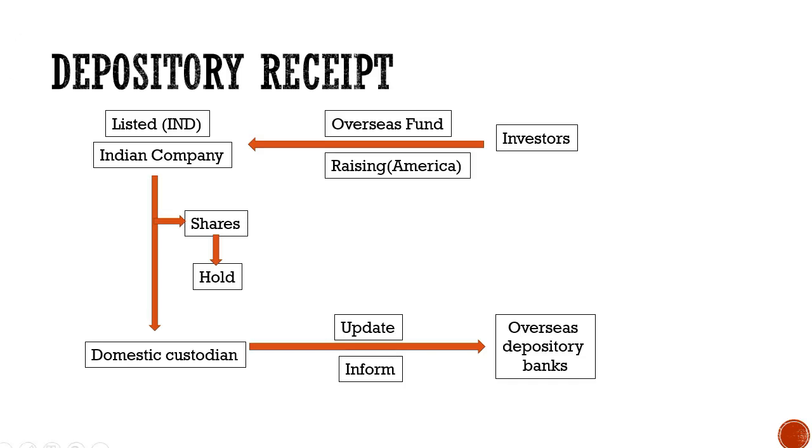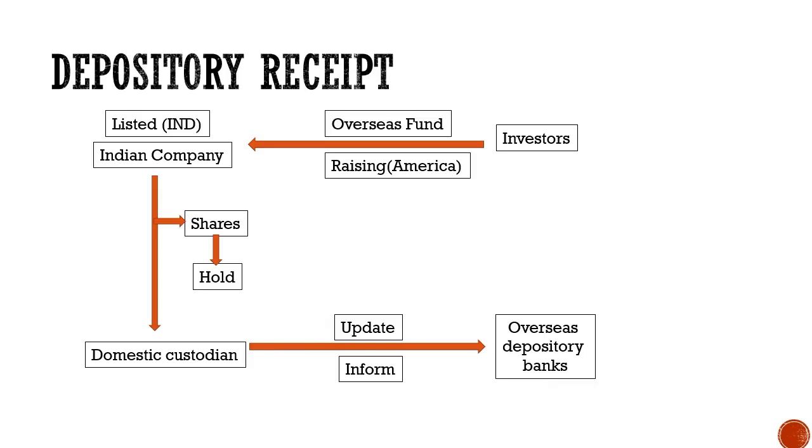So the Indian company, wanting to sell its shares to an overseas person, will give all its shares to the domestic custodian. The domestic custodian will hold all those shares and will update and inform the Overseas Depository Bank about those shares. Now the depository bank is just like a normal bank.